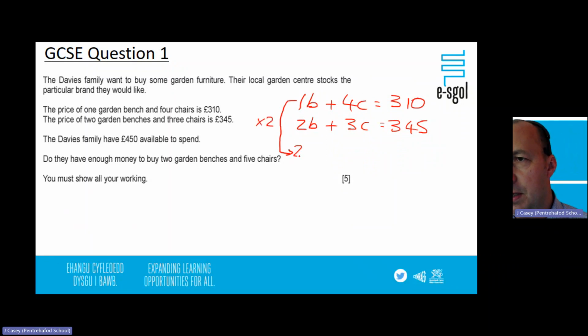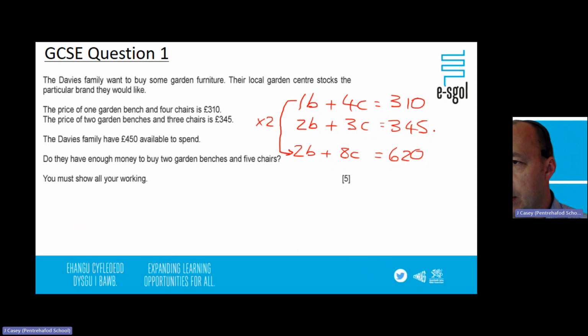That's going to be 2B plus 8C, and 310 times 2 is 620. Okay, that's fine. And then the other equation, I can leave as it is. To be honest, I could just leave it there, so that 2B plus 3C could stay there.